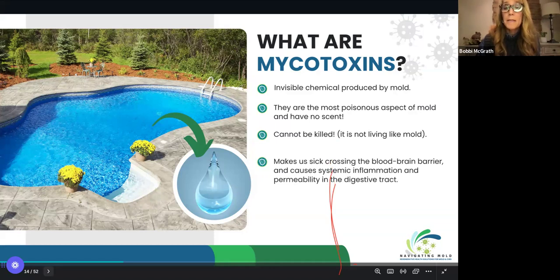It also makes us sick because it crosses the blood-brain barrier and causes systemic inflammation and permeability in the digestive tract. You've heard of something called leaky gut, and that's what that is. Mycotoxins are too small for us to see with the naked eye. So even if you went into a building that maybe had the mold remediated and cleaned up, there could be mycotoxins still in the building and in the belongings.